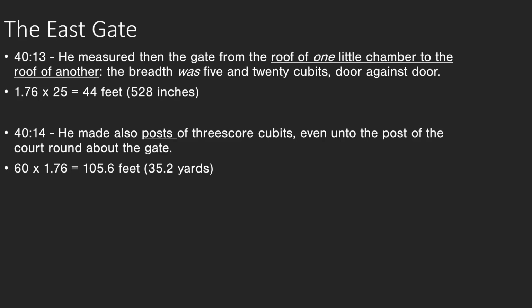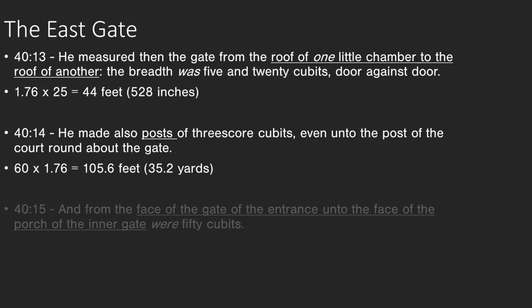The stone monument England is most known for is the Stonehenge Circle, which measures 105.6 feet across, and the trilithon and lintel stones measure 10.56 feet across. That means that whoever built Stonehenge was using Ezekiel's measures to do it, and Stonehenge keeps very good track of the summer solstice sunrise and winter solstice sunset, but maybe that's for another presentation.